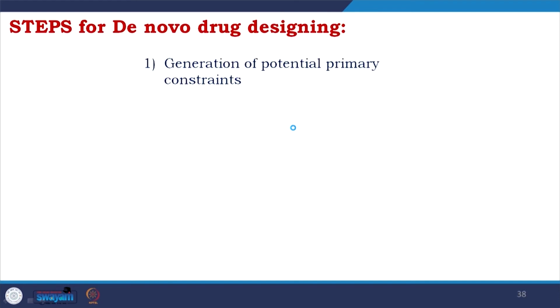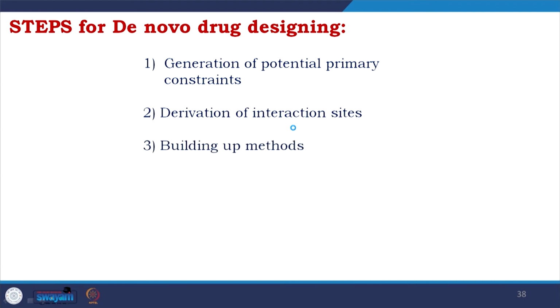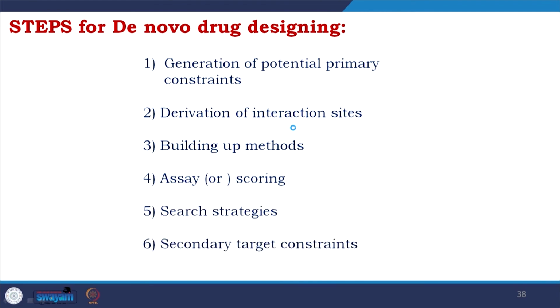Steps of de novo drug designing: generation of potential primary constraints, which is the first step, derivation of interaction sites, building up methods, assay or scoring, search strategies, secondary target constraints. Okay, these are the 6 steps. So, first you do the generation of potential primary constraints, which I showed.